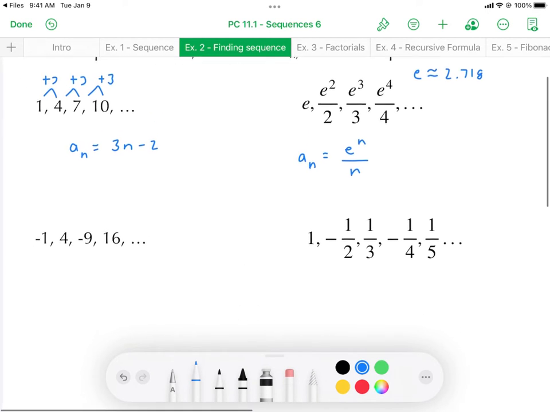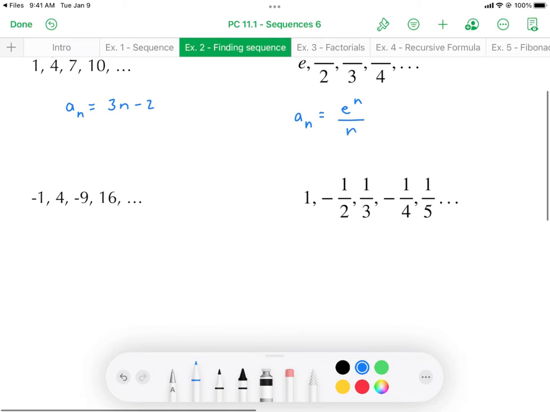Okay, next one, bottom left. -1, +4, -9, +16. Okay, if the pattern continued, the next would be -25, +36, -49, right? Okay, so if you take all of the negatives away and just focus on the positive number of each of those terms, they're all perfect squares, right?